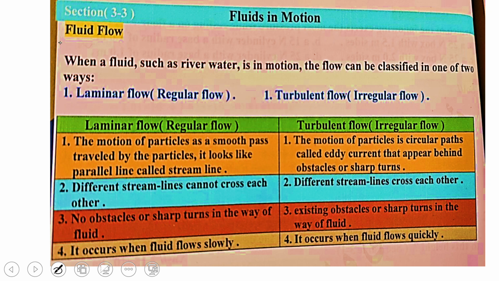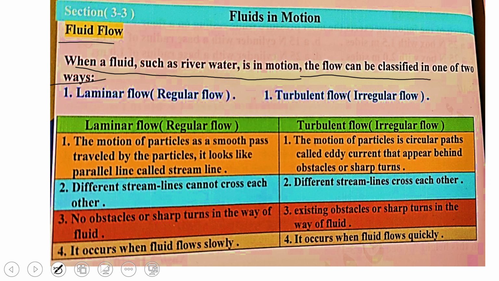Students, we have fluid flow. What is the meaning of fluid flow? We have fluids, for example, water. The water is moving in two different ways, or we can classify moving fluids in two different ways. When a fluid, such as river water, is in motion, the flow can be classified in one of two ways.